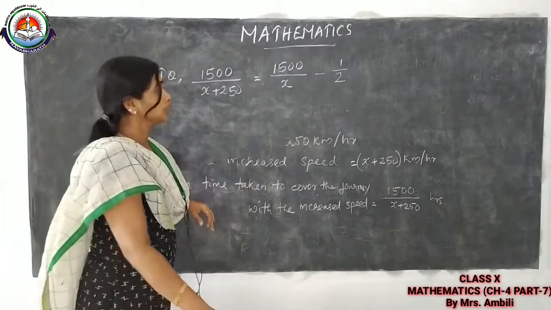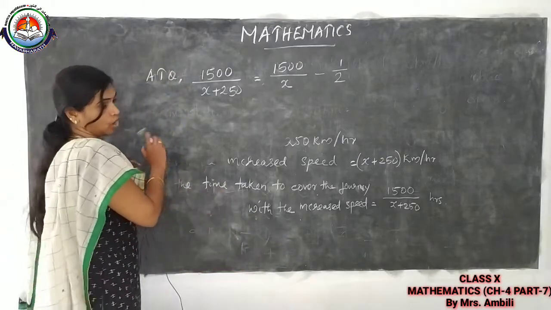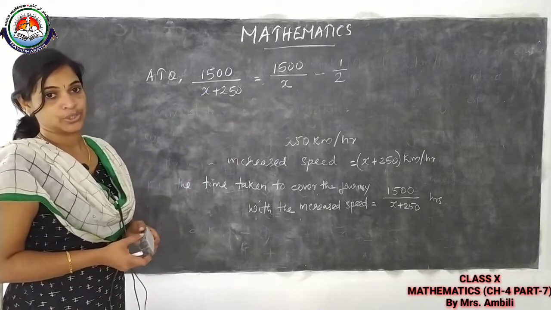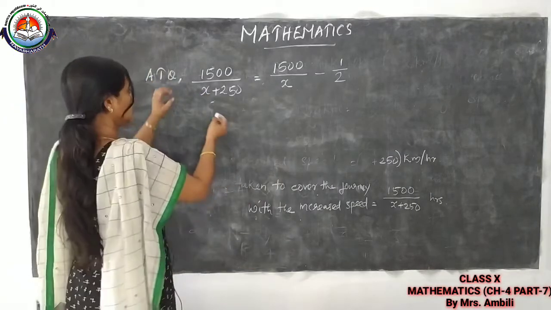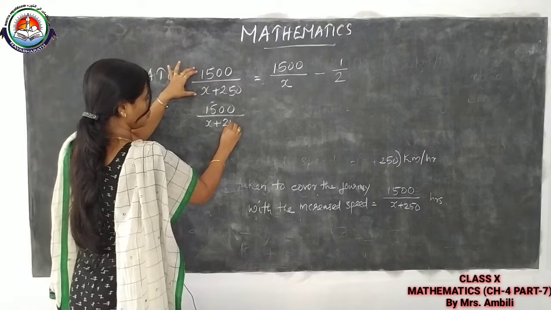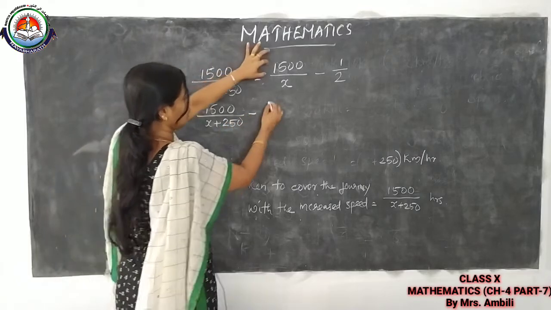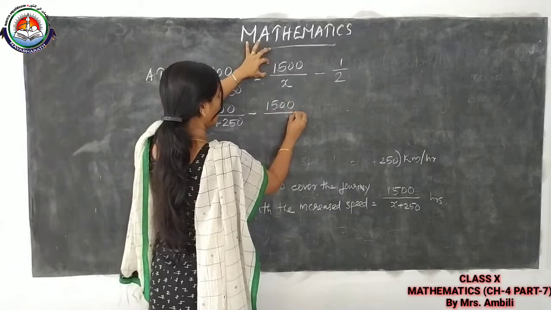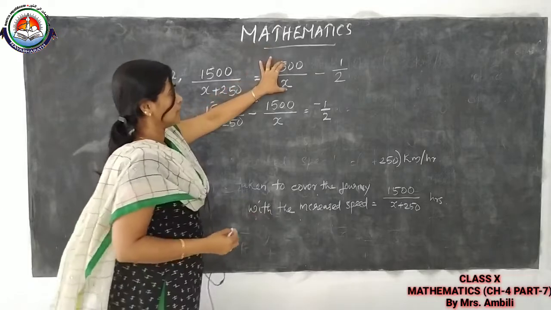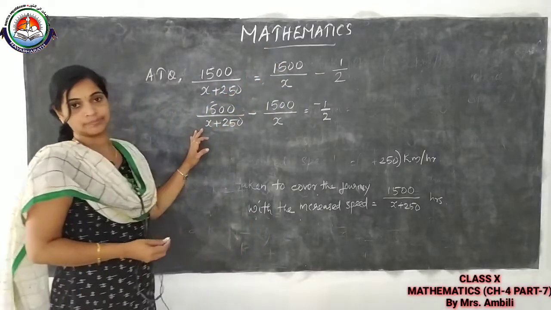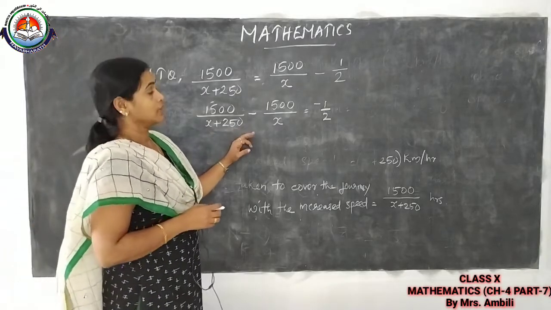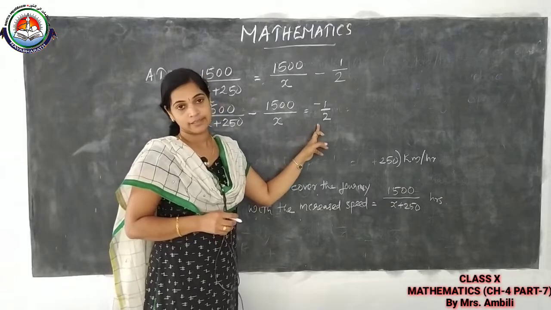Then we need to change this into a quadratic equation. I took 1500 by x to the left side. So, 1500 by x plus 250 minus 1500 by x equals minus 1 by 2.